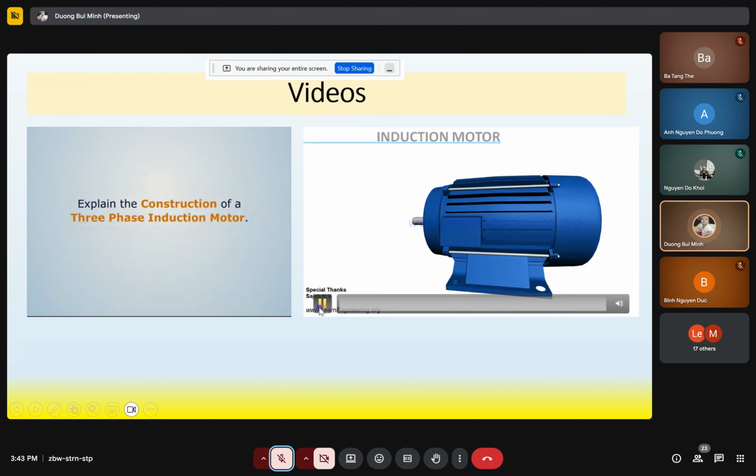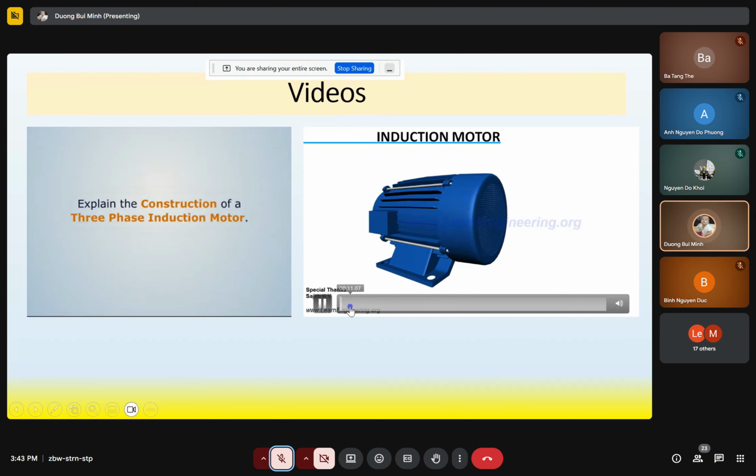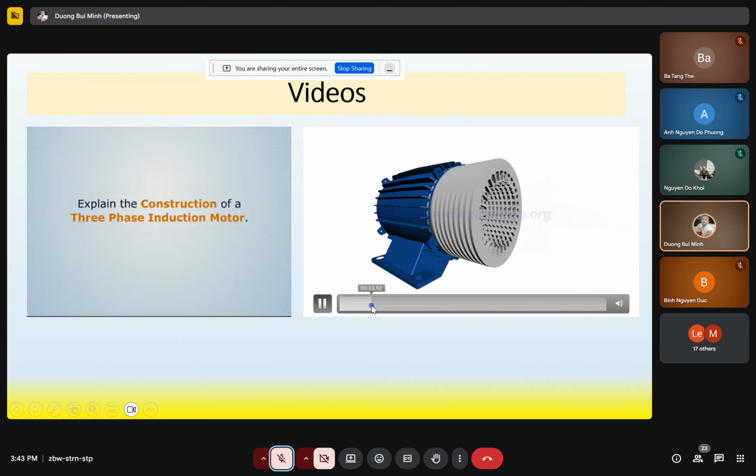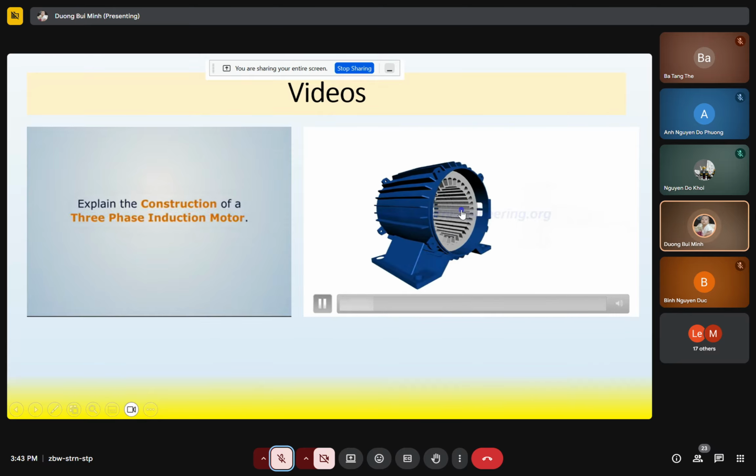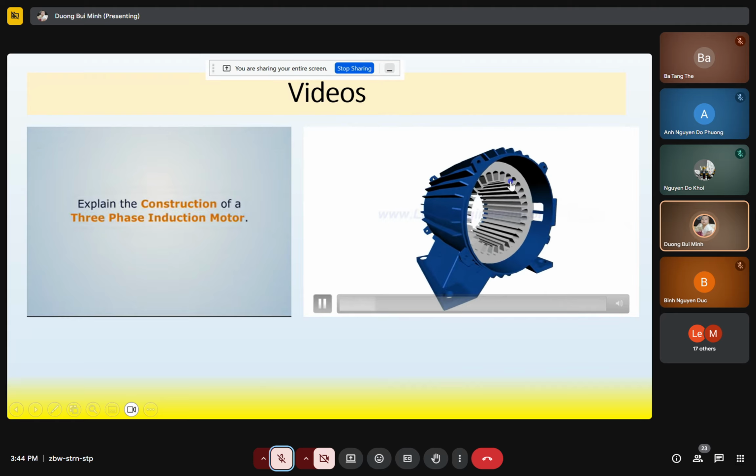Okay, so here with the other one, this is the stator magnetic core. This is the stator winding. So if we have current in the stator winding, we can get a rotating stator magnetic field, right?